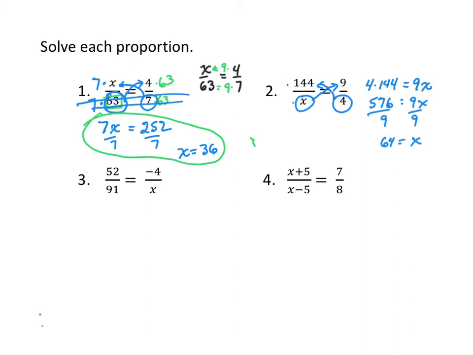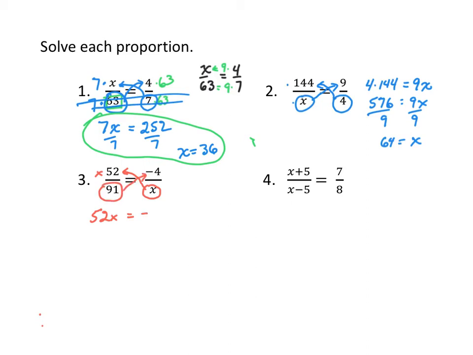We have a negative. Doesn't matter. The process is the same. The denominator over here multiplied by the opposite numerator. See, remember, we're multiplying on both of them, but forget about the denominator because they're going to be the same. So it's 52x. And this denominator, 91, times the opposite numerator.